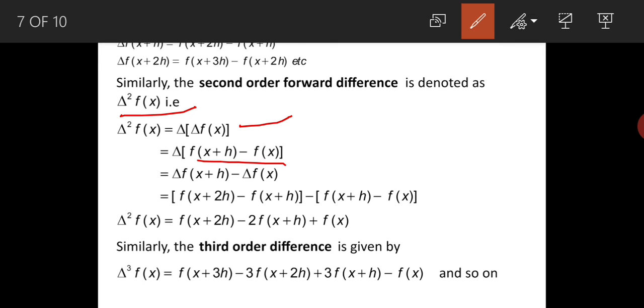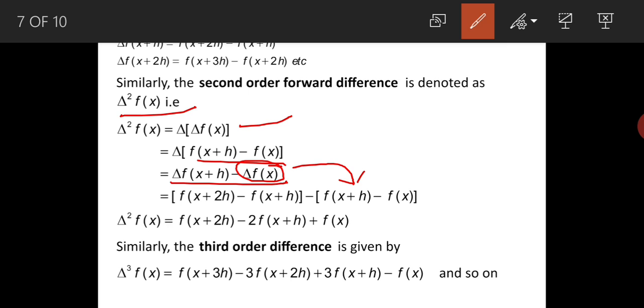Now delta of f of x plus h is f of x plus 2h minus f of x plus h, and delta of f of x is f of x plus h minus f of x.